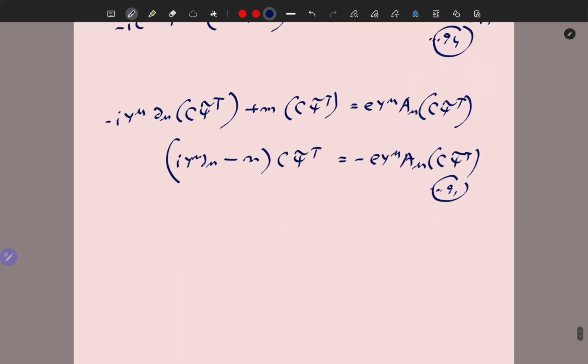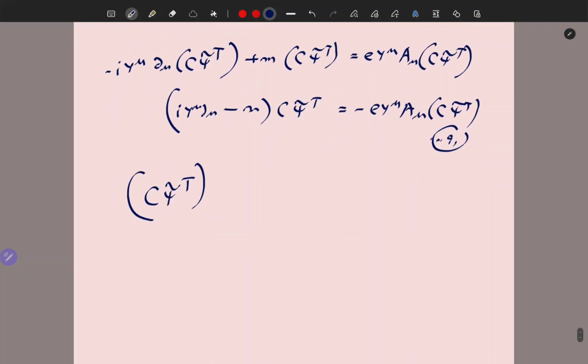If equation number 89 described the electron, with negative charge minus e, interacting with the electromagnetic field a mu vector field, then equation 95 describes the spin half particle of charge plus e interacting with the electromagnetic field a mu, with wave function C psi tilde transpose. Both have the same mass.